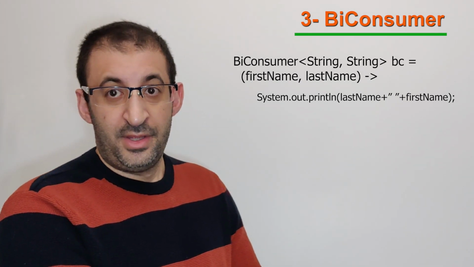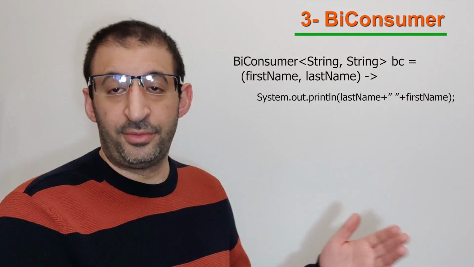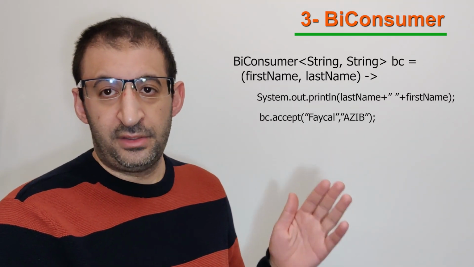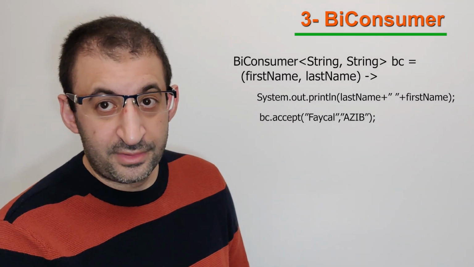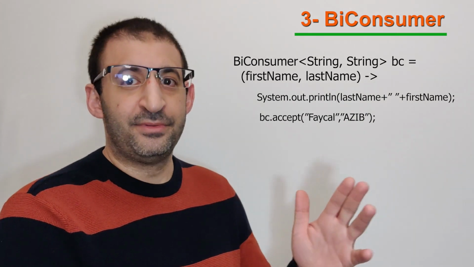And to call this BiConsumer, BC.accept with Faisal and Azib. So simple like this. I will get Faisal Azib in the console. Let's go directly to the computer to practice a simple example, and we continue inshallah.